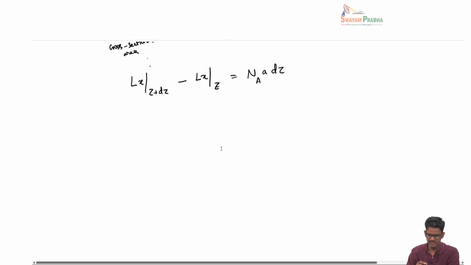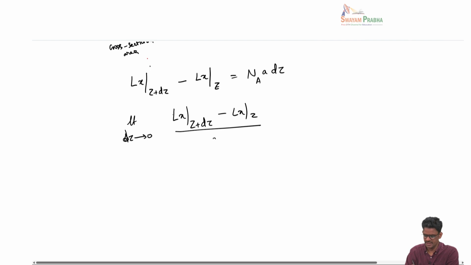So, I am going to bring this dz on the left, and then I say in the limit of dz tending to 0, Lx at Z plus dz minus Lx at Z divided by dz can be approximated to be d of Lx by dz, okay. And then on the right hand side I have N_A a, that is it.